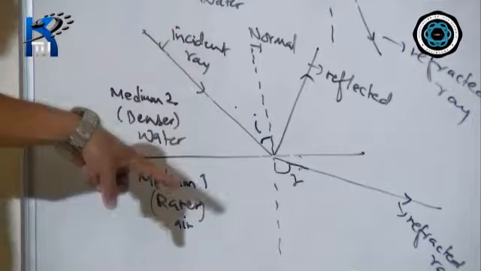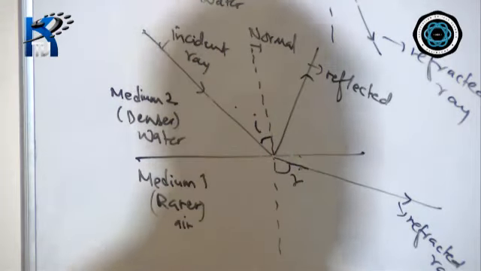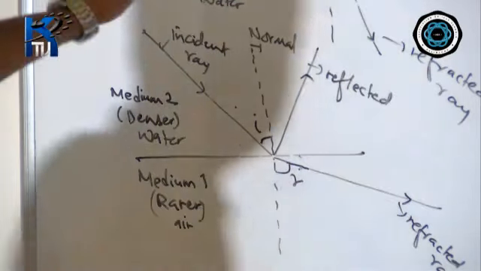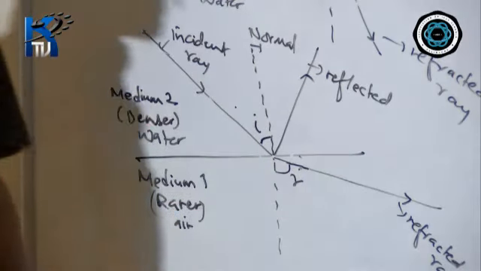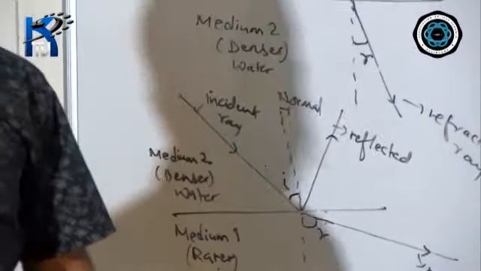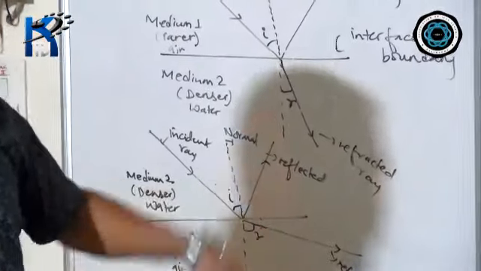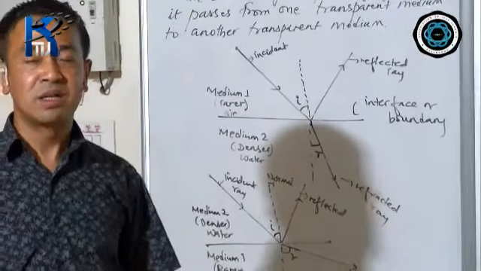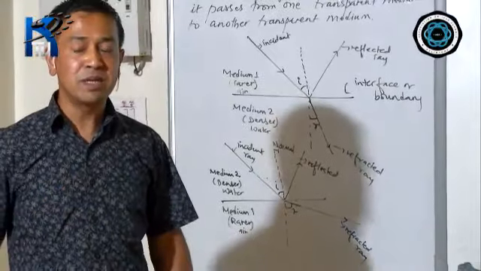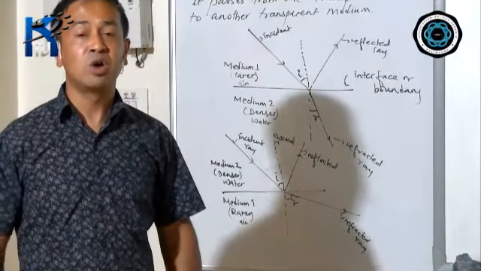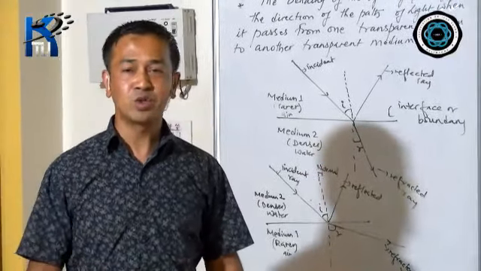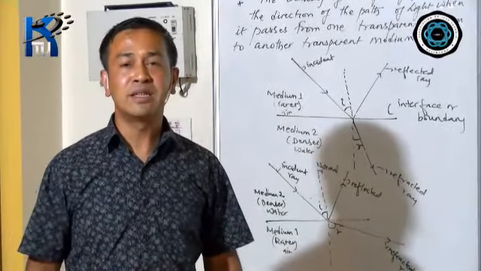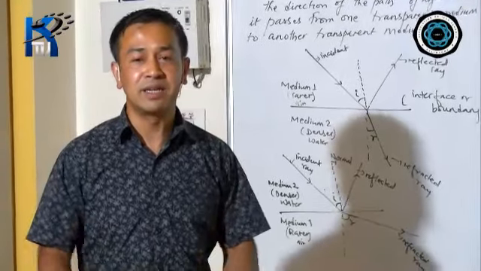So if you look at these two cases where the refraction of light is concerned, we can clearly see that in one case the light is bending toward the normal, and in one case the light is bending away from the normal. Now, basically this bending of light rays which pass from one medium to another is determined by one of the important terms, which we learn in the law also, and this term is known as refractive index.